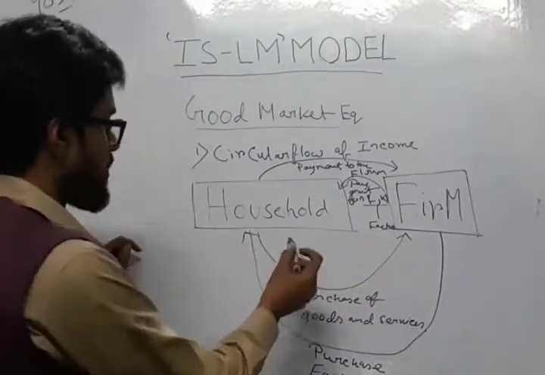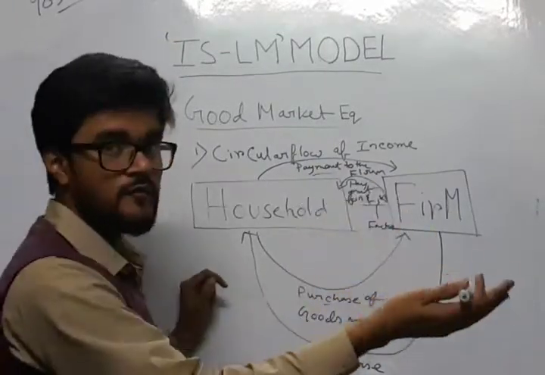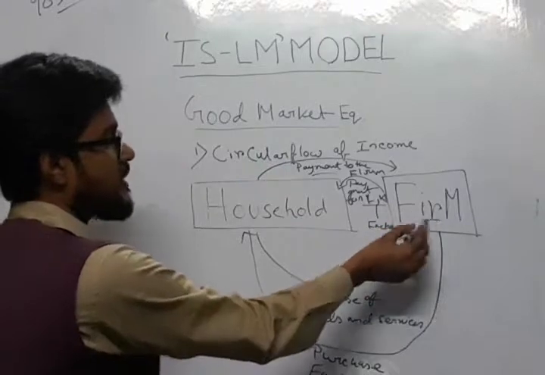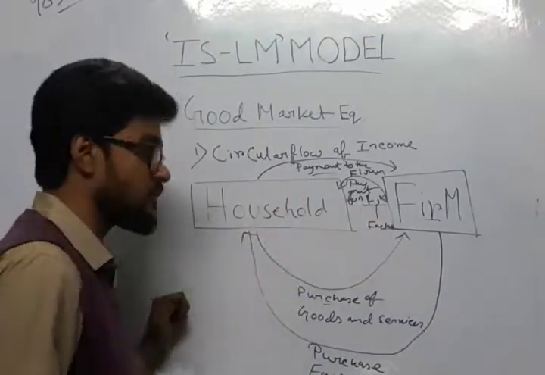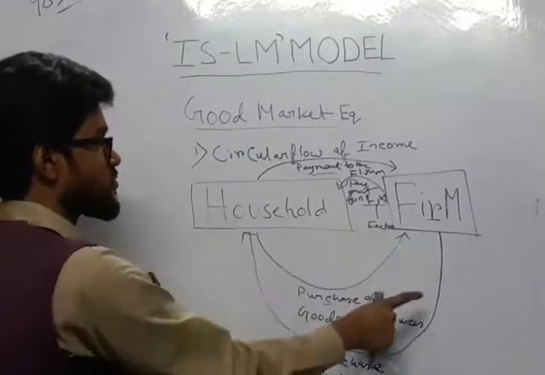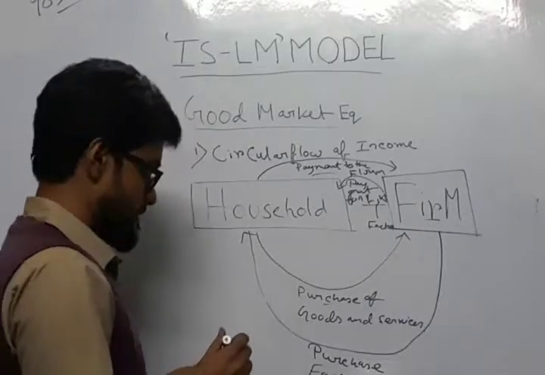In return, the household pays the amount for the goods and services, and the firm also makes the payment for the inputs that come from the household. So in this way we can make a circular flow of income.